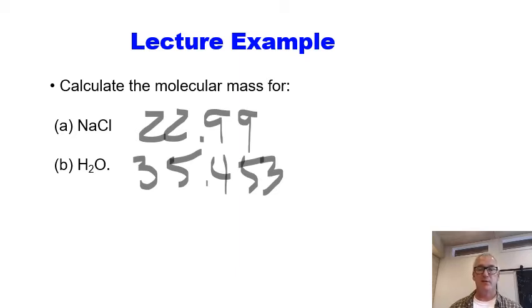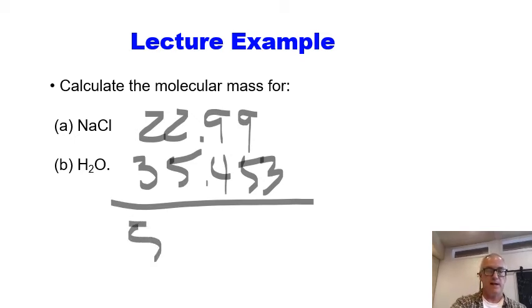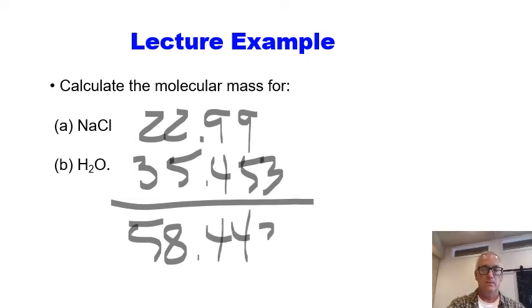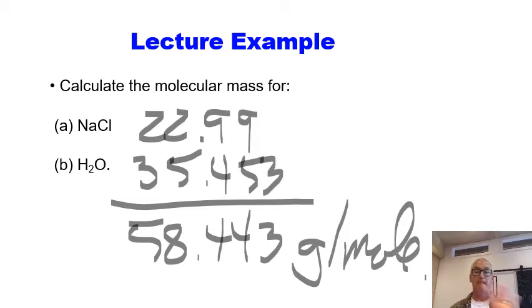It could be like 23 and 35. Generally, we use all the numbers that are present on the average mass on the periodic table. So when we add those together, I get 58.443 grams per mole.